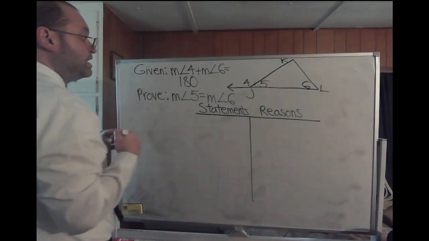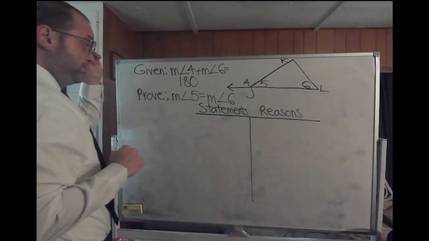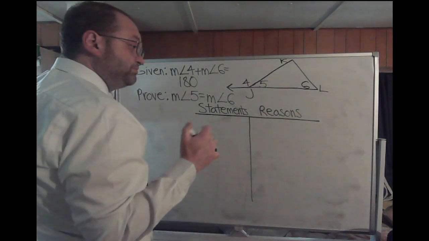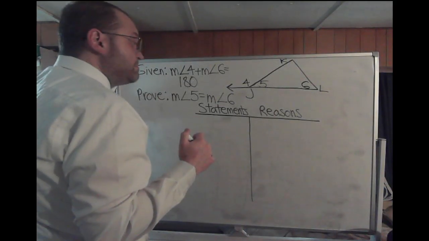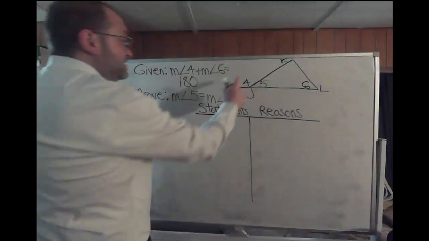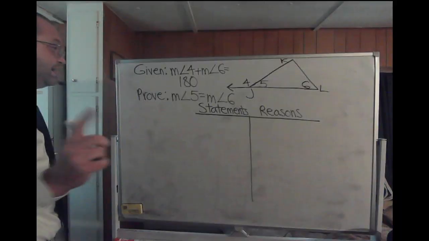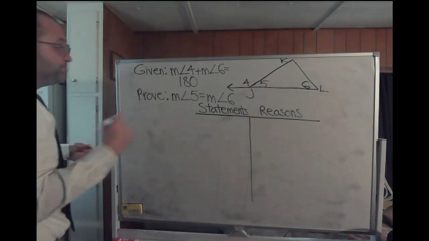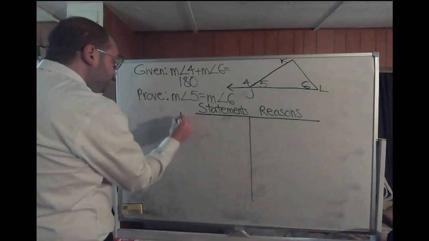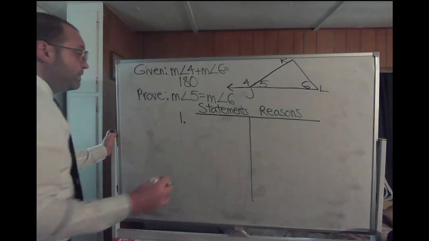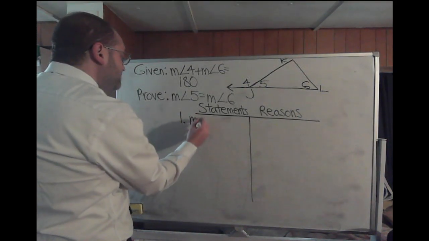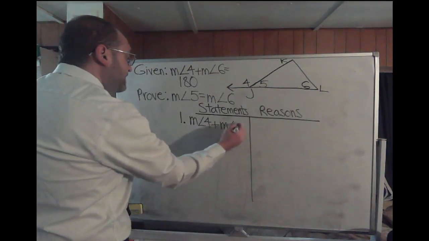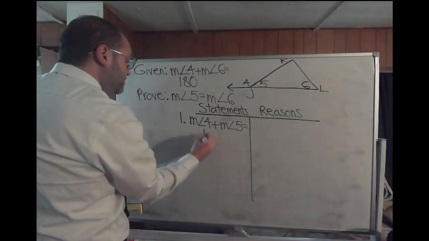In this case, you probably don't want to start with a given first. There's a very good reason for that. So I would start with the measure of angle 4 plus the measure of angle 5 is equal to 180.